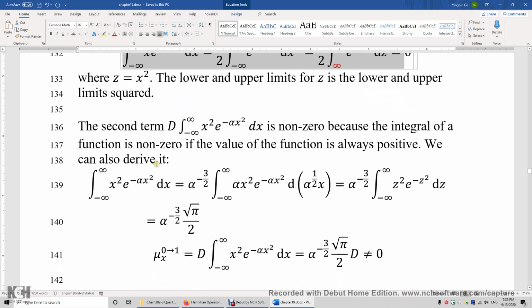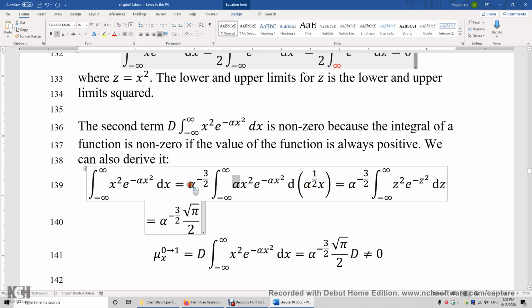We need to do some variable substitution here. So we need to introduce an alpha here, and square root of alpha here. We can't just arbitrarily put in one alpha and then a square root alpha here. We want to make sure this is mathematically correct.